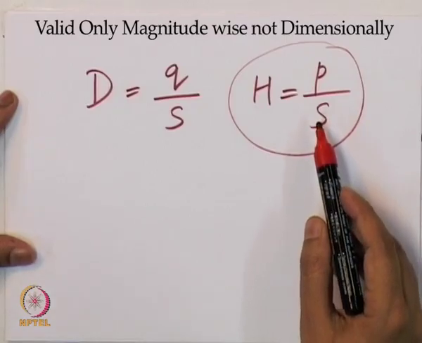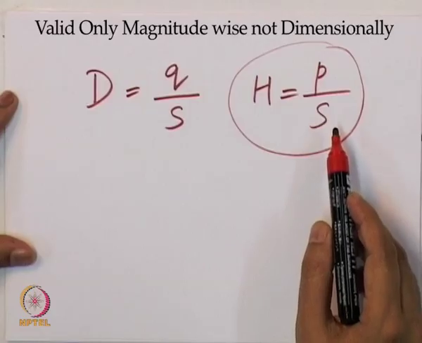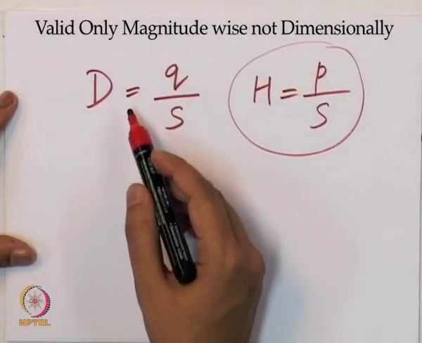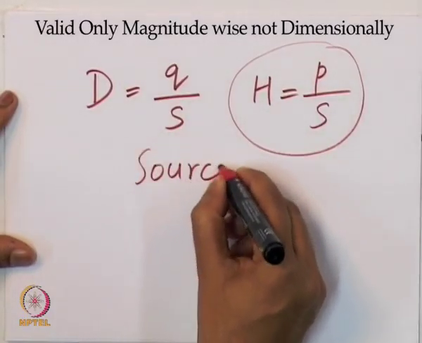If you take the vector signs and the direction, you have to be sure about the right direction. So if you only consider the magnitude, D and H are the source variables.